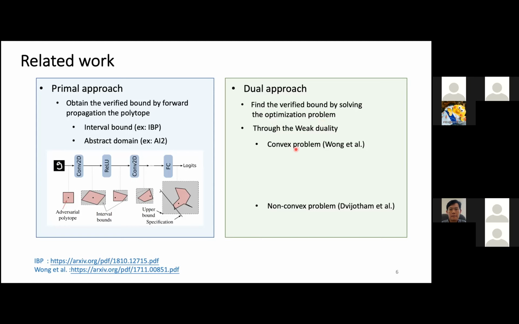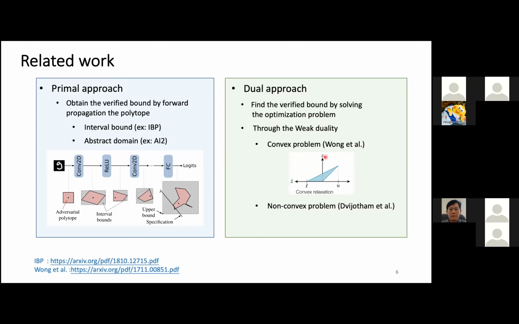One is the convex problem, and another is the non-convex problem. In the convex problem, they use the convex hull to envelope the nonlinear function in order to make the input-output set a convex set.